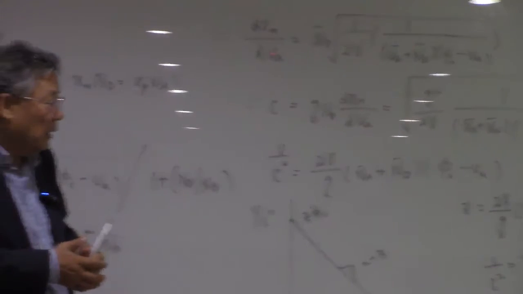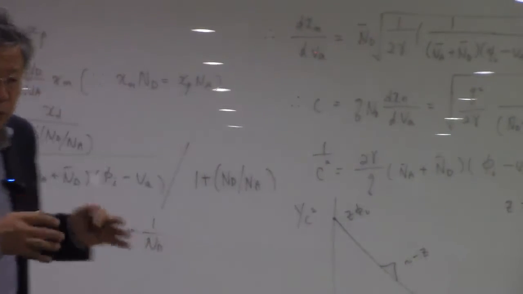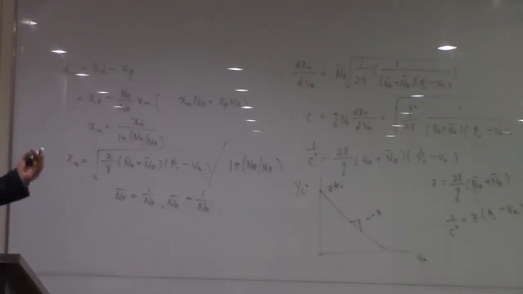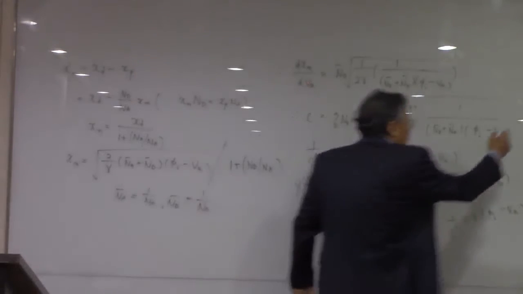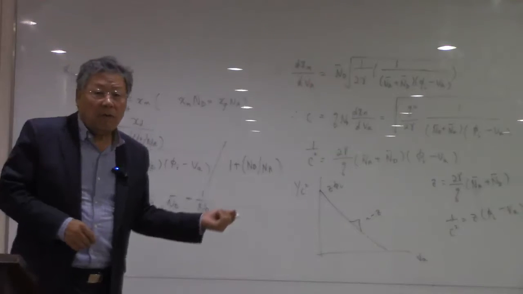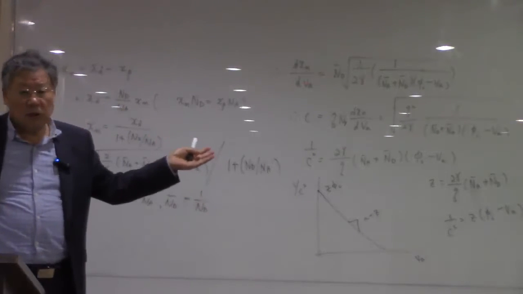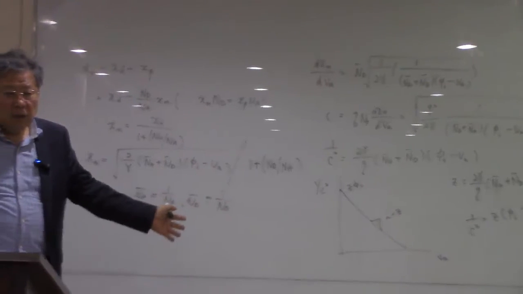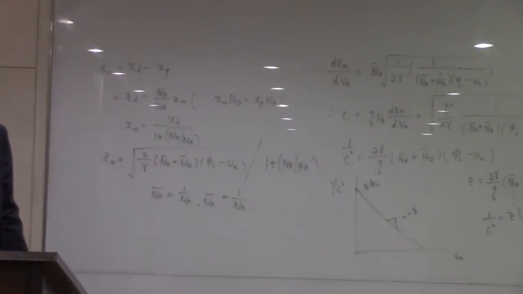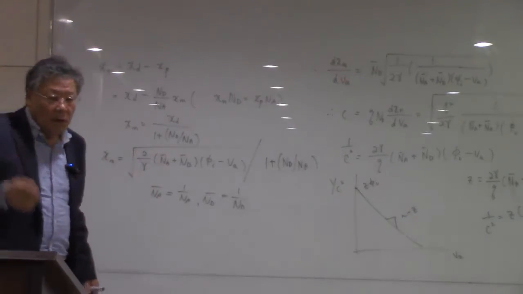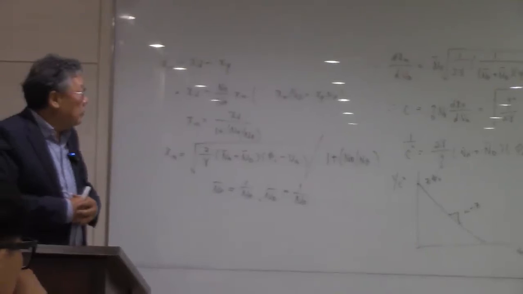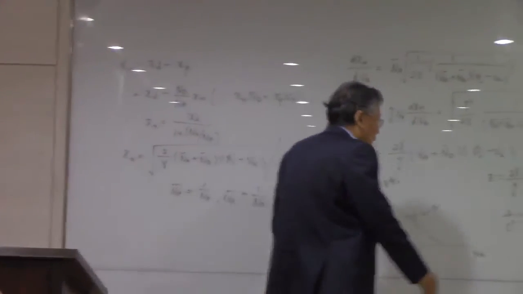Then you can determine how much dopant you have put into your semiconductors to the junctions, and the built-in potentials. It is not easy to measure the built-in potentials in the junctions directly, but just by simply measuring the capacitance of the junctions, you can get the numbers corresponding to the built-in potentials. That's how we measure the built-in potentials in the junctions.